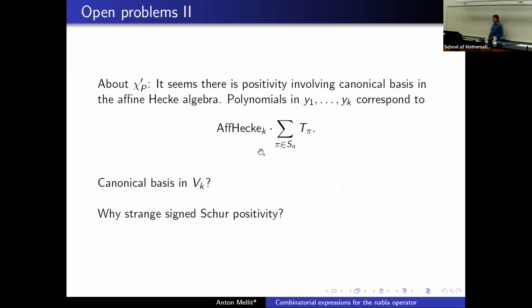But now that we have this canonical basis, it seems to be true also for that basis, and we don't know why. Strange. So I'm asking if somebody has seen this sign Schur positivity in nature.